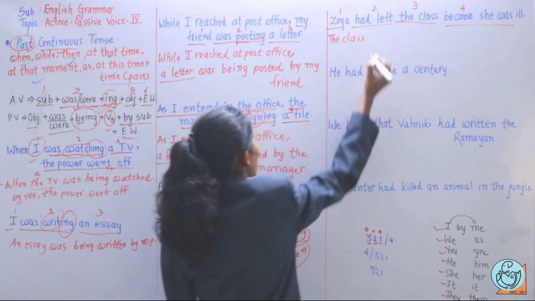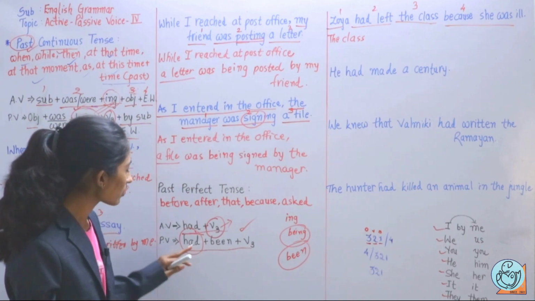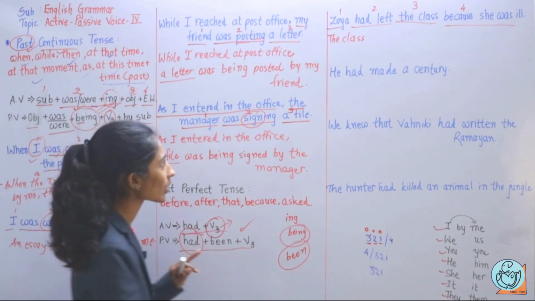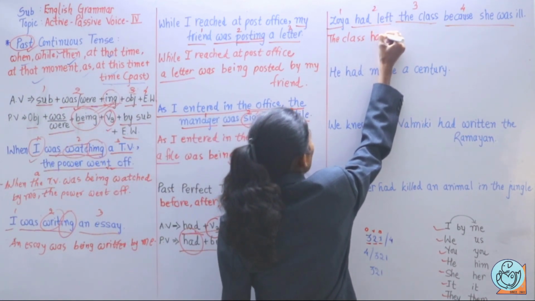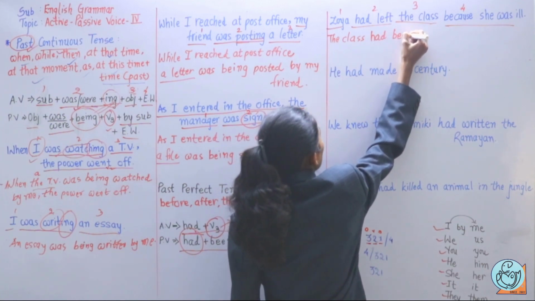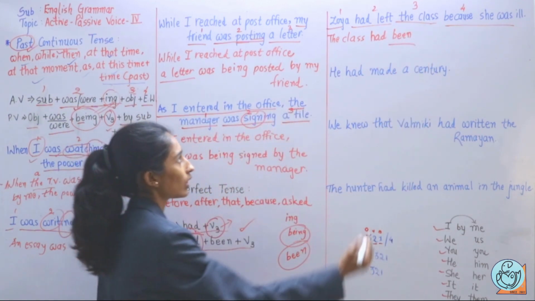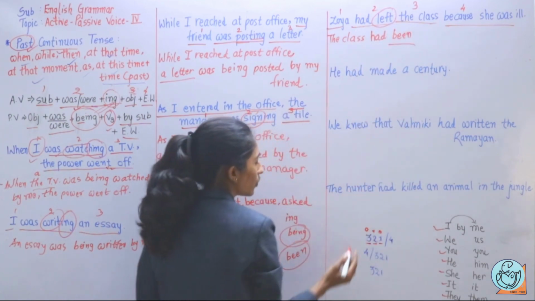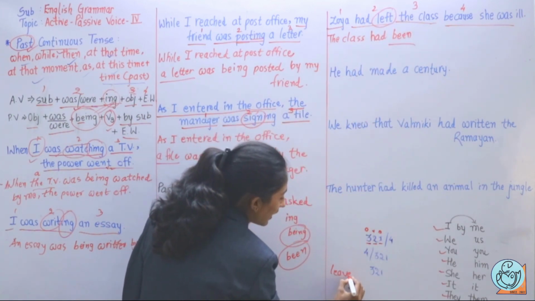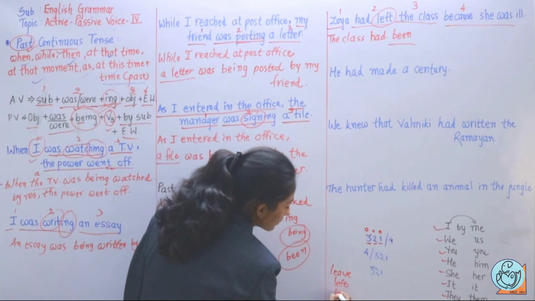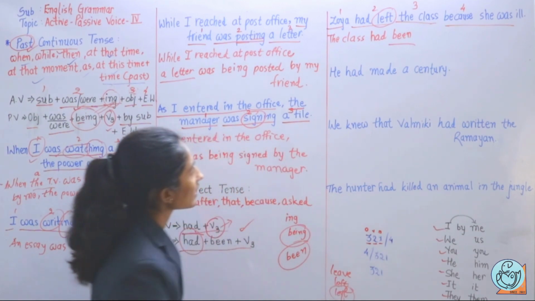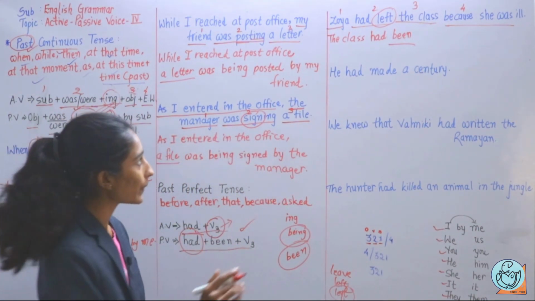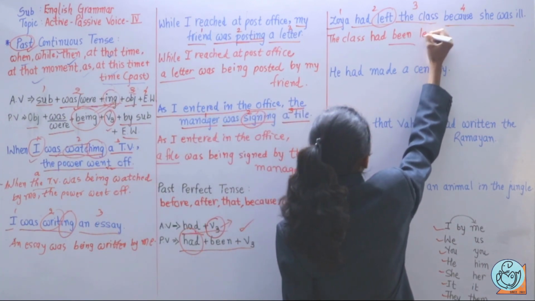Okay, now no need to check singular or plural, what we have to add? Head plus been plus V3, so the class had, then I have to add been. Okay, now say V3, that is already given to you. Left, you know very well that leave, left and left. So already V3 is given, so no need to do anything with that. So the class had been left.